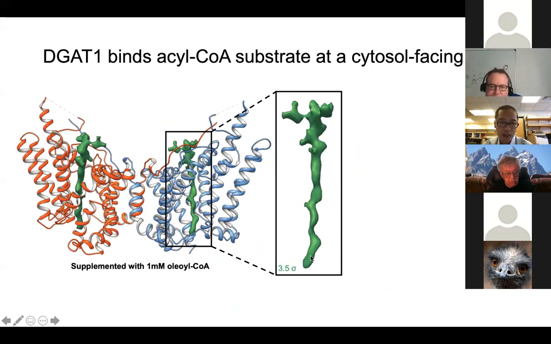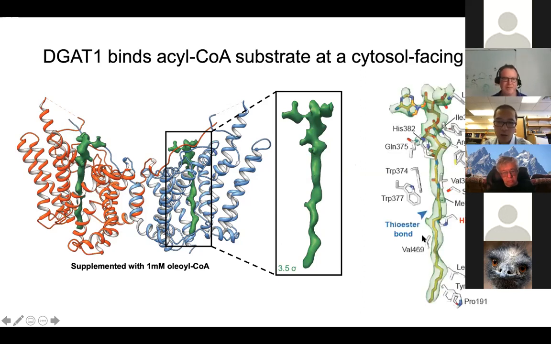In the final density map, we can see a strong additional density appearing in the structure, and this density fits pretty well to the oleoyl-CoA molecule. More importantly, the thioester bond, which is supposed to be cleaved during catalysis, is located next to the histidine, which further demonstrates this is the active center.